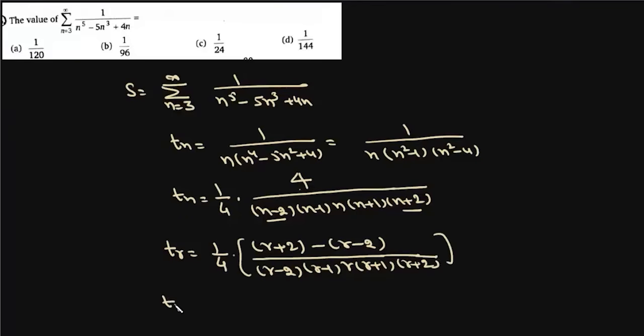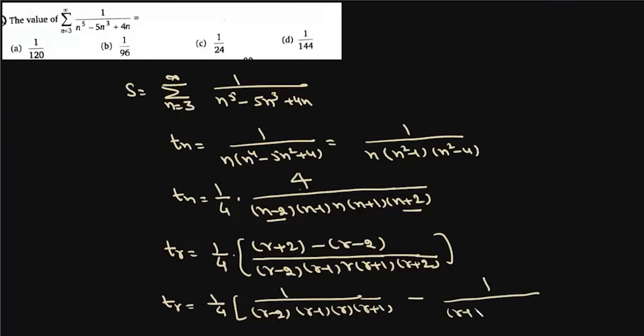So we'll write this rth term as 1 by 4. Now here r plus 2 will cancel, so we'll get 1 upon r minus 2, r minus 1, r plus 1 minus 1 upon r minus 1, r plus 1, r plus 2.